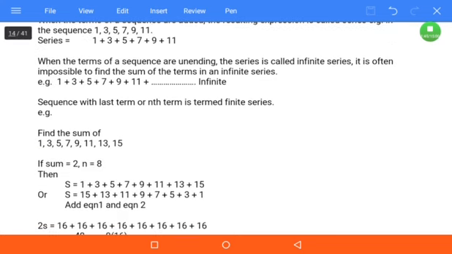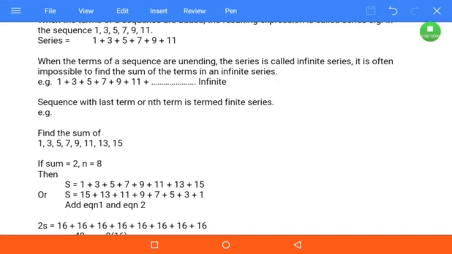When the terms of a sequence are unending, the series is called an infinite series. It means you are not able to know the number of terms in the series, for example 1 plus 2 plus 3 plus 4 plus dot dot dot. It means count to infinity, so we call it an infinite series.